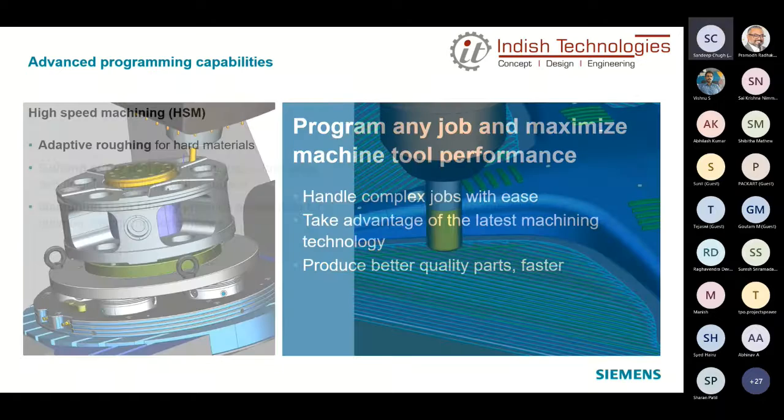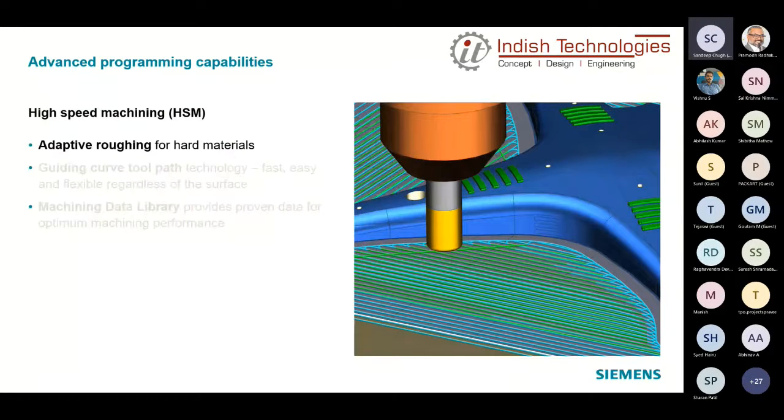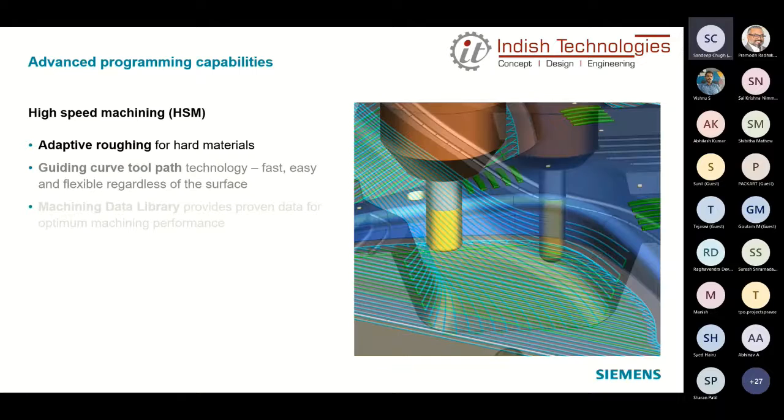We have various strategies to machine things. Because we have only 20-25 minutes left in this seminar, I cannot show you all the capabilities. But whatever kind of strategy you look for, NX has it, and that too with full freedom, whether it is adaptive, trochoidal, high-speed machining, high productive machining, NX has a solution for everything.